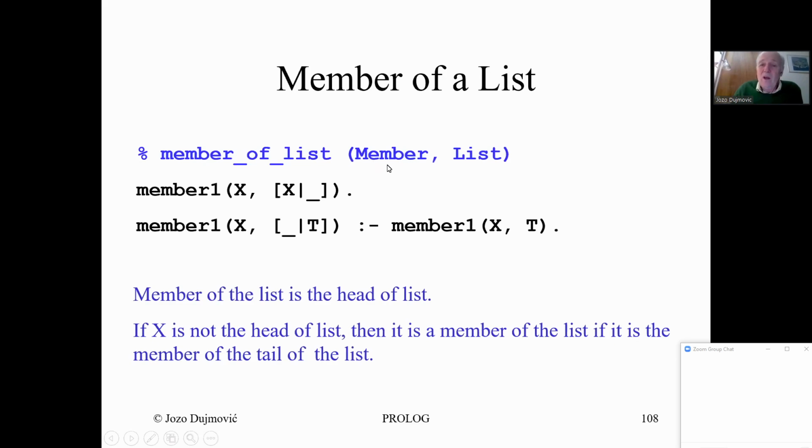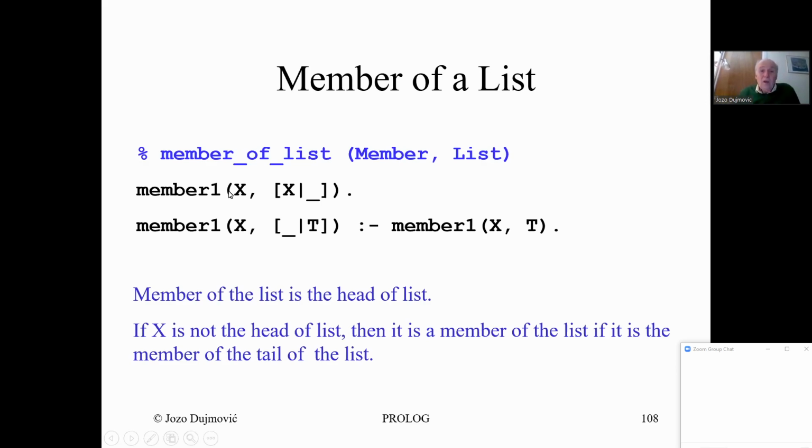Well, the head of the list is a member of the list. If the member is not the head, it is maybe somewhere in the tail. So it is either the head of the list or it is somewhere stored in the tail of the list.